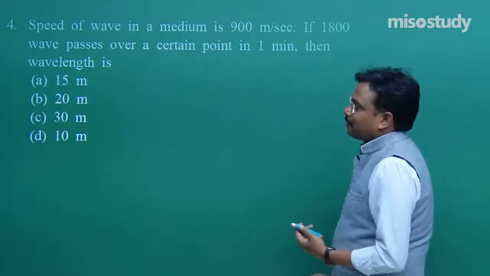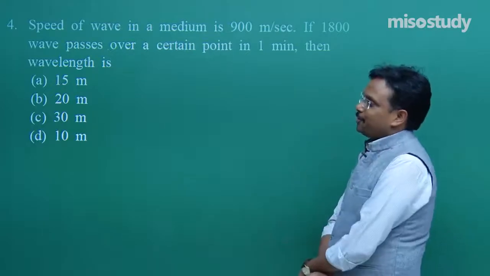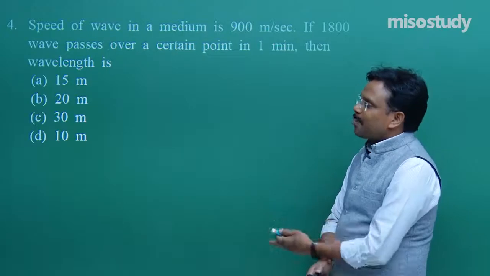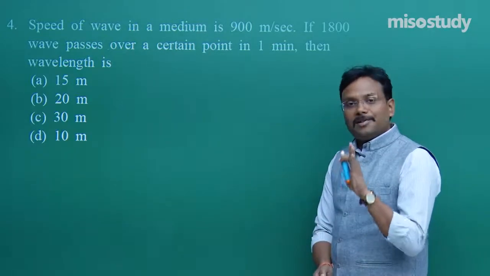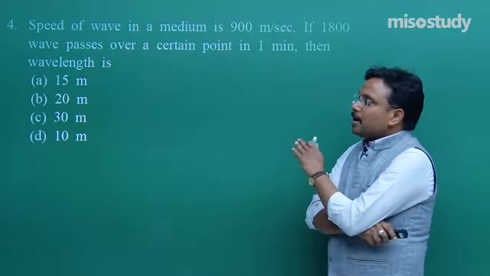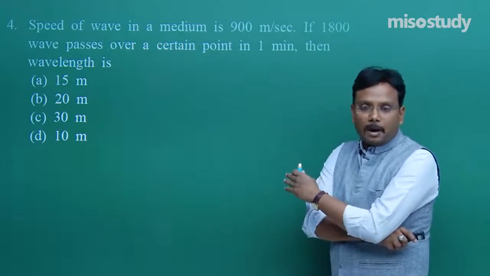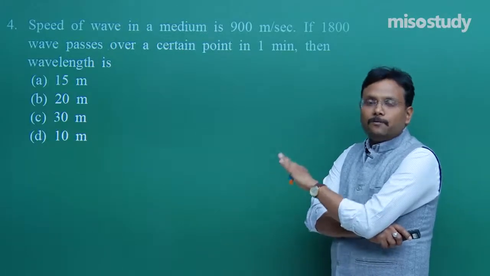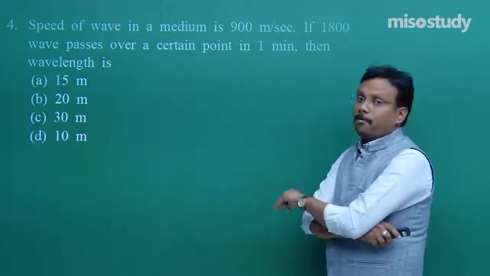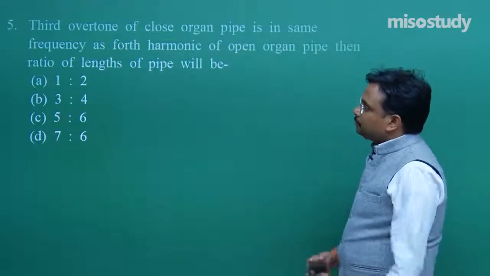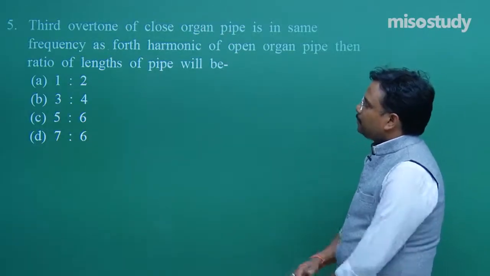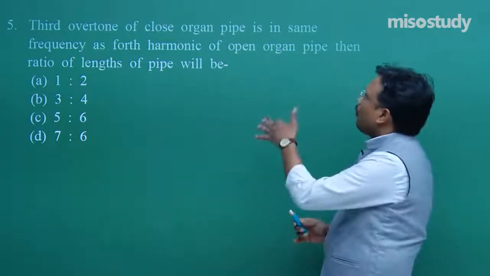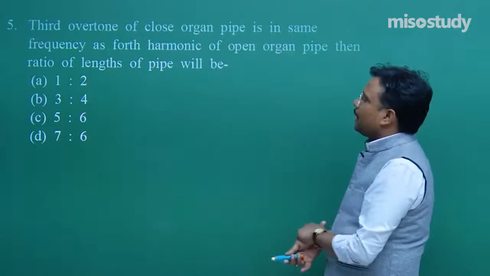In some manner I am trying to introduce some questions based upon organ pipes, closed pipe, open pipe. My simple suggestion is, if you are regularly watching our videos from Misostudy, then definitely you will find we devoted a good amount of time to these types of topics. Some translation is required: harmonic, overtone, closed organ pipe.